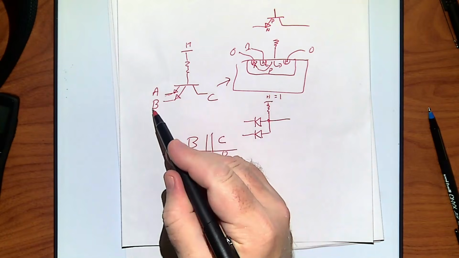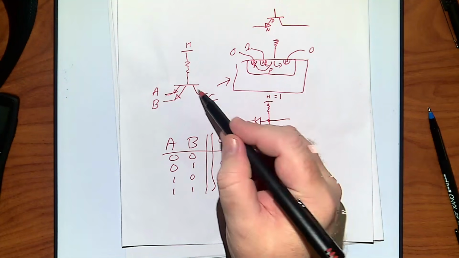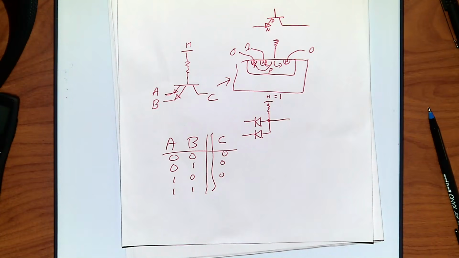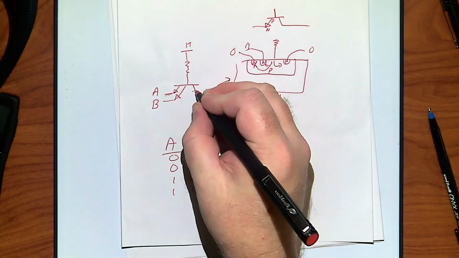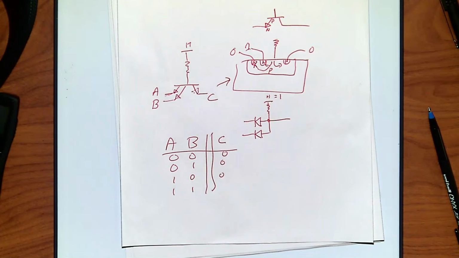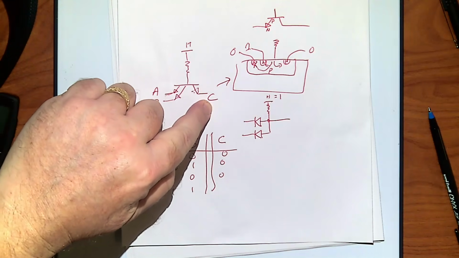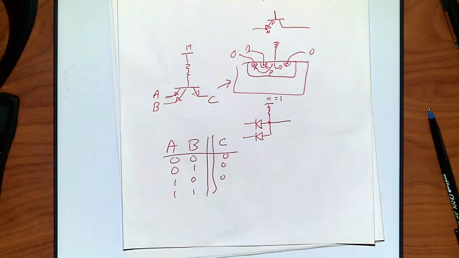But if they're both 1, nothing flows. So C is in essence going to get pulled up. Since this technically also is a diode, it at most can be 7/10 of a volt. So it'll get pulled high. If nothing's flowing from here and nobody's trying to insert something on this, it'll get pulled to 7/10 of a volt less than high.